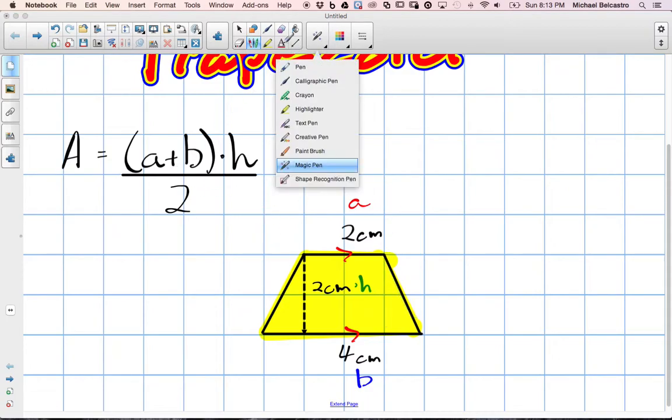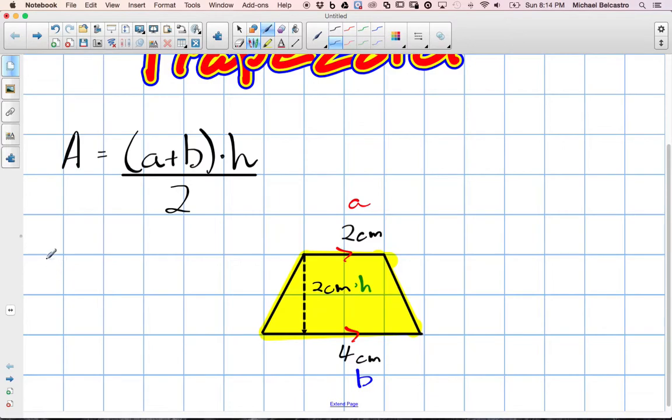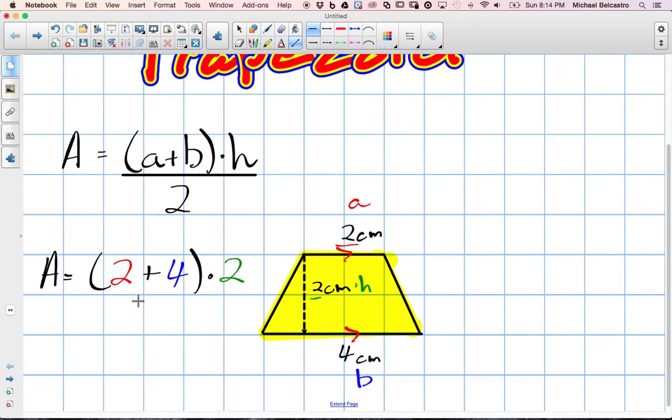So we'll plug our values in. Our area is equal to side A, which is 2 centimeters, plus side B, which is 4 centimeters, and then that number is going to be multiplied by our H value, which is again 2 centimeters, and all of that will be divided by 2. We happen to be using a lot of 2's in this example.